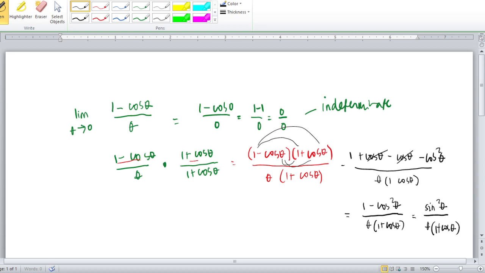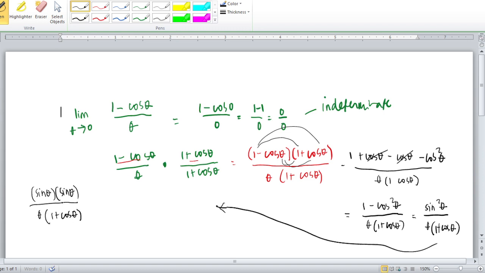Now, if we simplify further the equation class, sine squared theta is equivalent to sine theta times sine theta all over theta 1 plus cosine theta. Tama? Kasi sine theta times sine theta is sine squared theta, right? So we can simplify it like that.